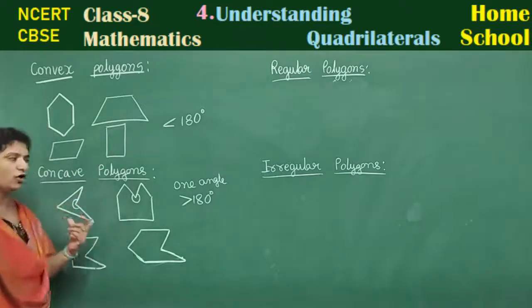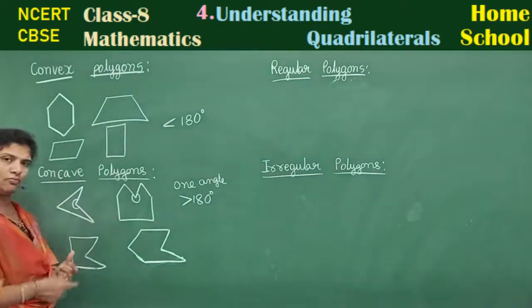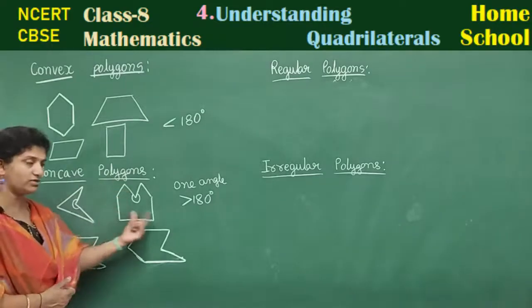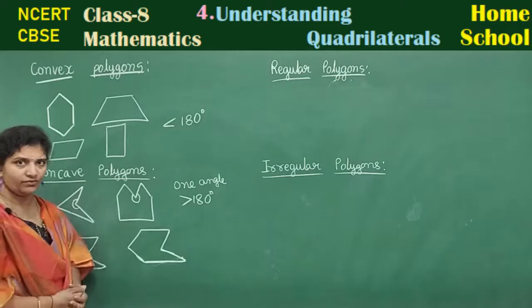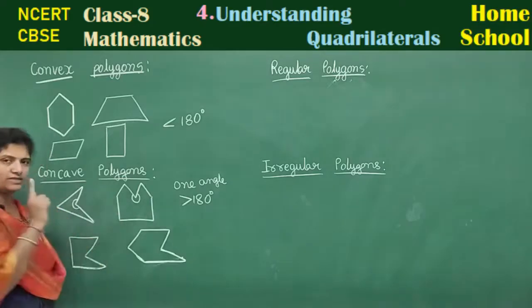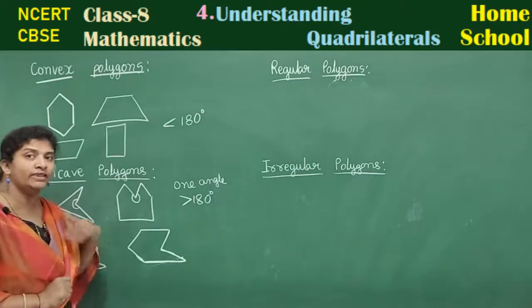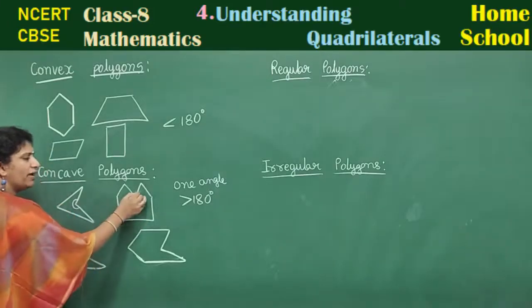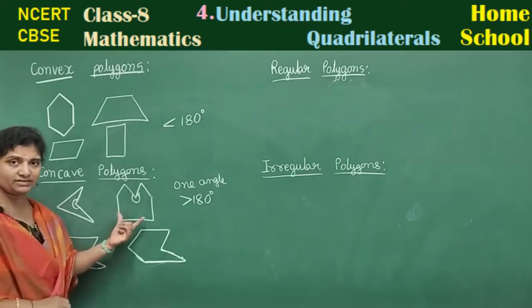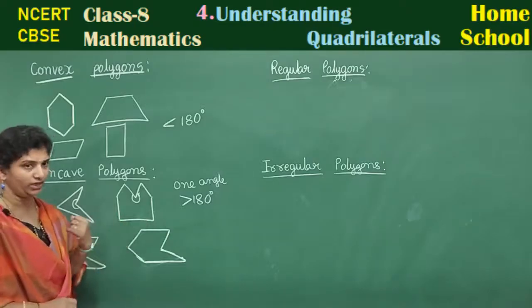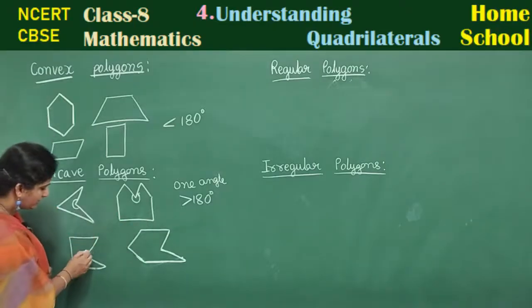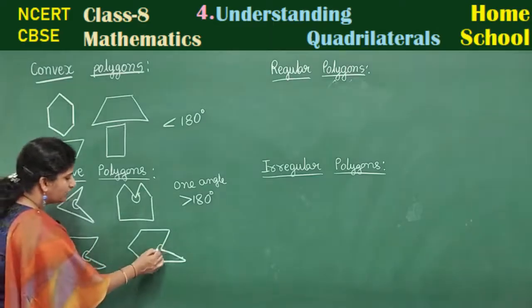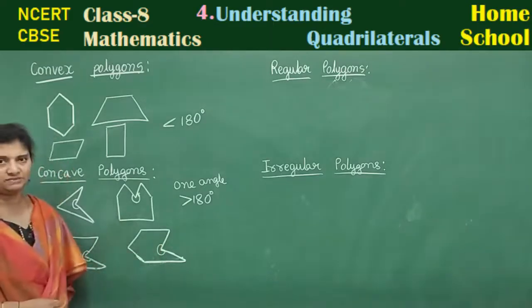Now in these concave polygons, these are also polygons, where the line segments end and it is also a closed curve, right? In these figures, any one angle is more than 180 degrees. This angle is more than 180 degrees, then it is a concave polygon. And here you can say this angle is more than 180, and here it is more than 180 degrees.